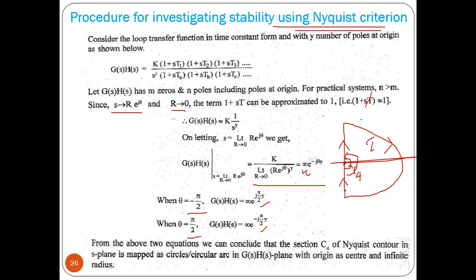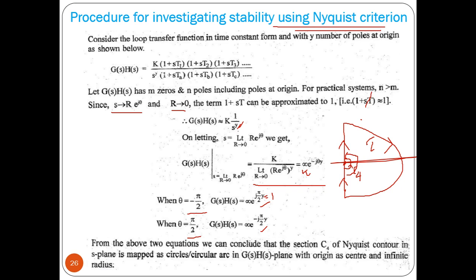Here we have to remember one point: say here we have y. If y equals 1, this will go from plus 90 to minus 90.